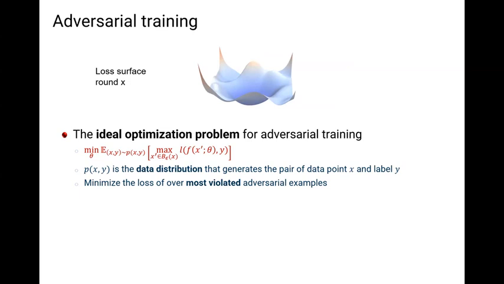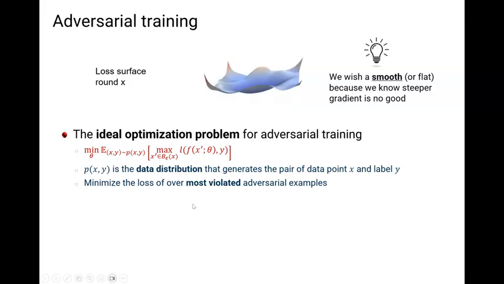So how do we modify our training? If we want to train the model to be robust to this kind of adversarial attack, any suggestions?